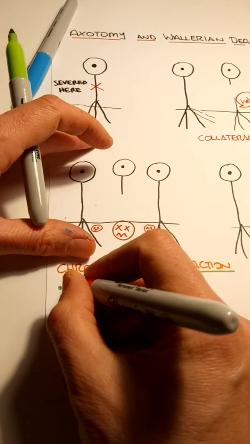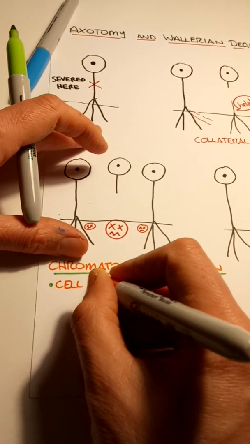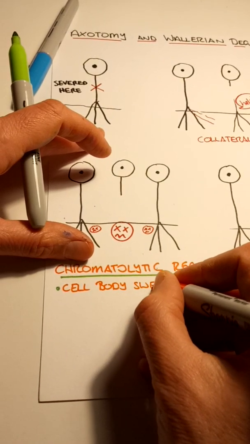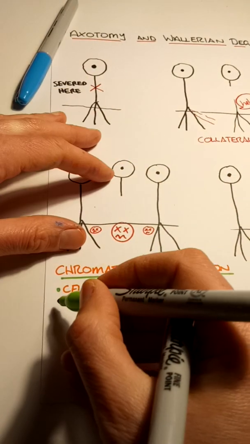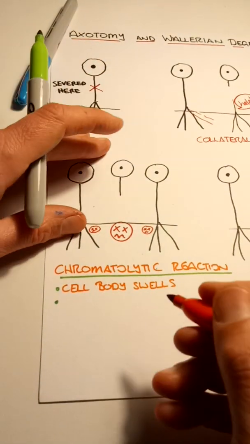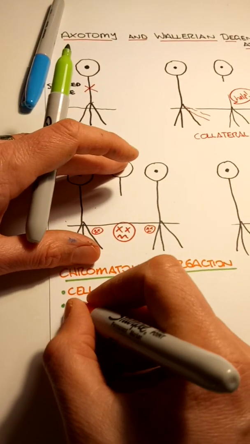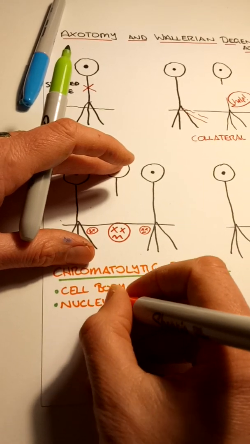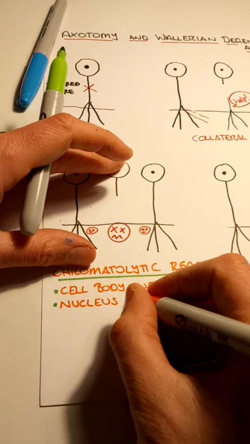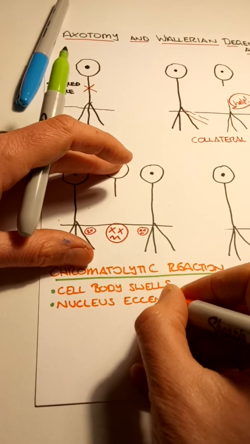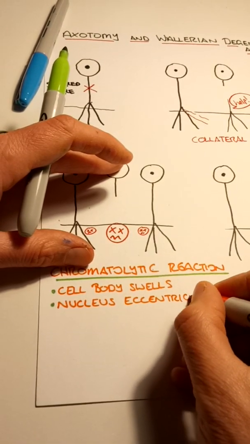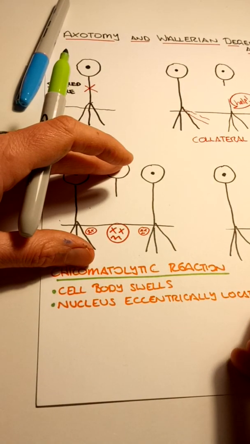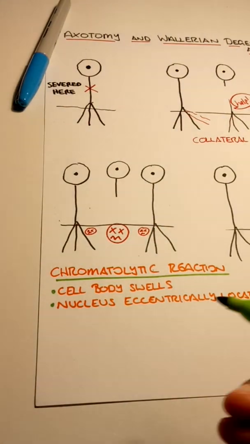So cell body swells. Nucleus. The nucleus gets eccentrically located, which is basically the death knell.